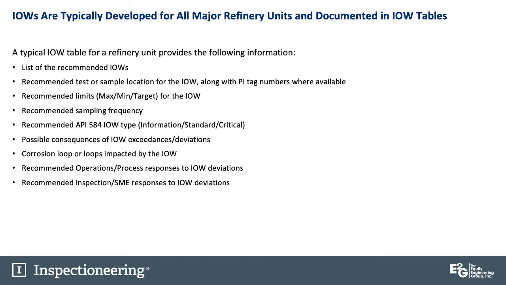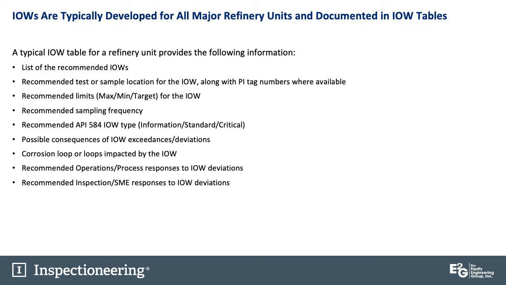A typical IOW table for a refinery unit would provide the following information. So the list of recommended IOWs, the test or sample location for the IOW, along with PI tag numbers, where available. PI tag numbers become important for IOWs as they are used in notification tools.